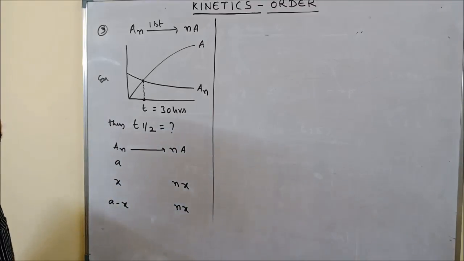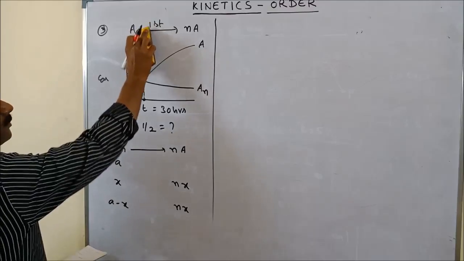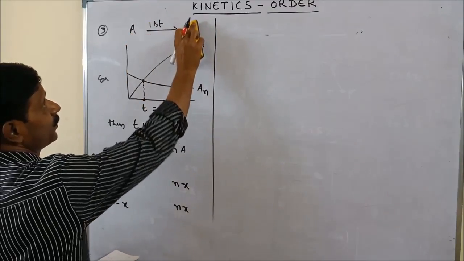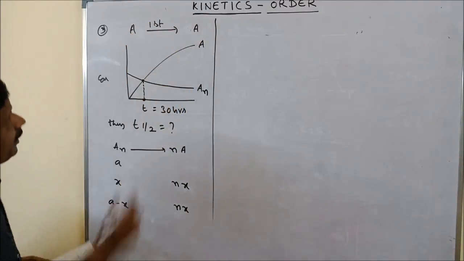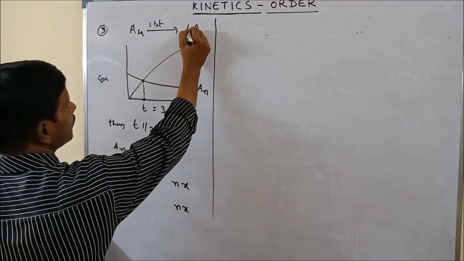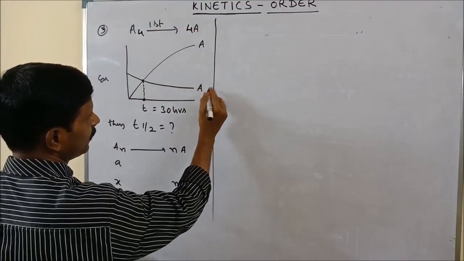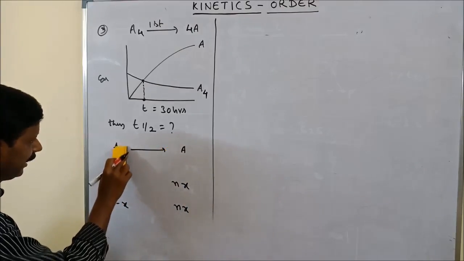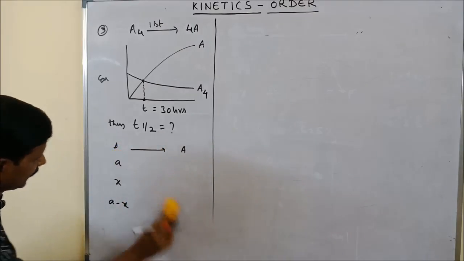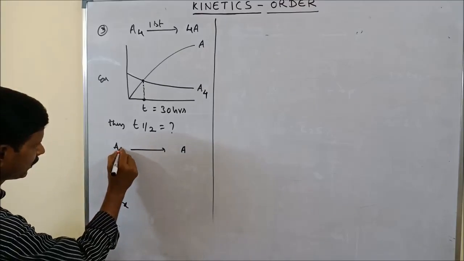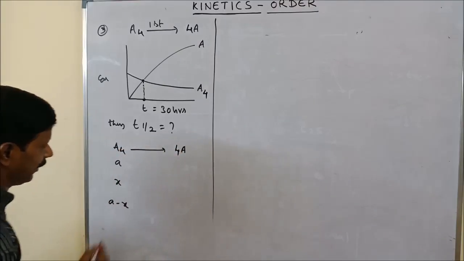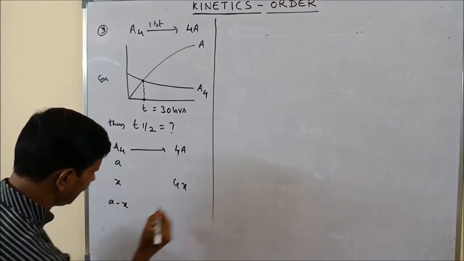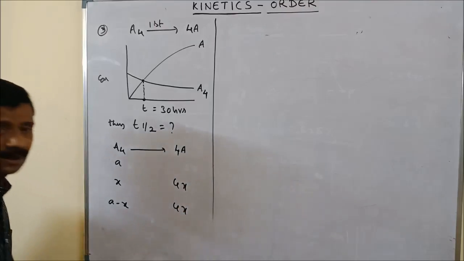Sorry, here it is not N, this is 4. They are giving A4 as 4A. If the amount involved is X, it is 4X, and it is also 4X.